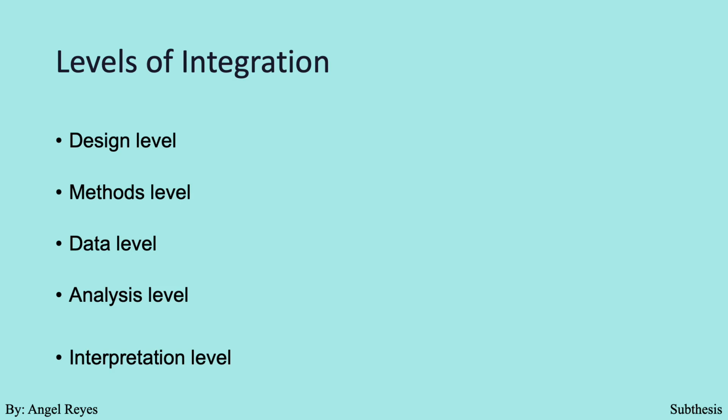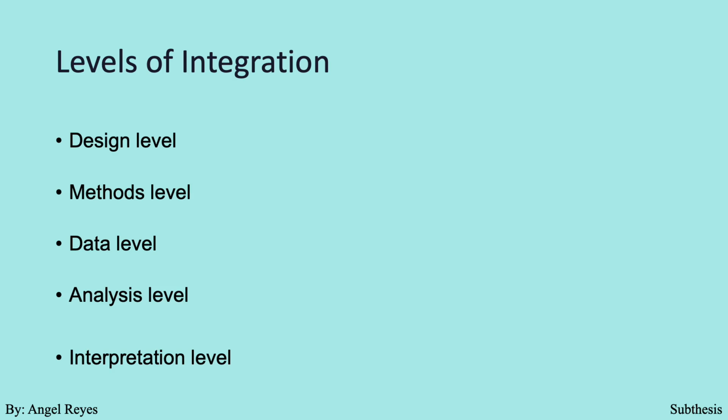At the analysis level, this could involve transforming one type of data to match another or linking findings across data sets. Finally, interpretation level integration brings everything together in a unified explanation or narrative. Effective mixed methods studies often integrate at multiple levels to build coherence and depth.